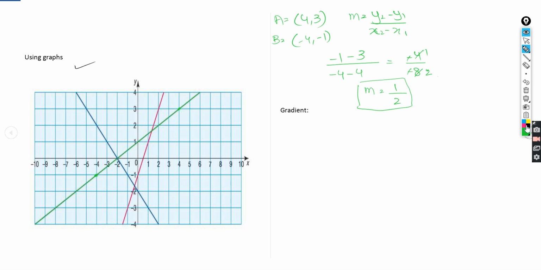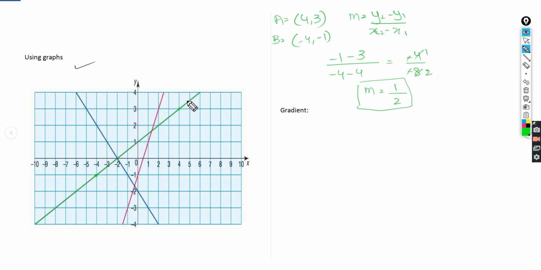Now exactly the same way, try the same formula, the same method, and find the gradient for B. Okay, one more thing before we move forward. Let's try this green line with some other 2 points, right?